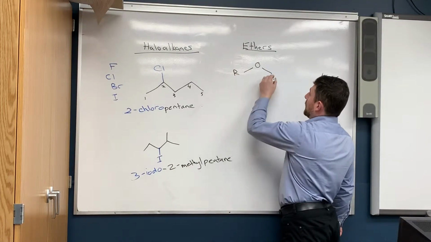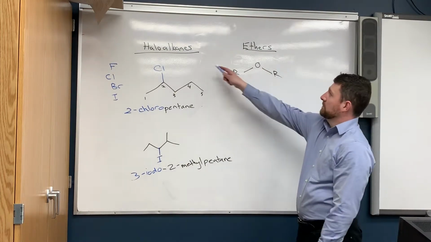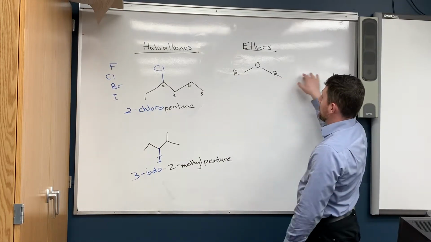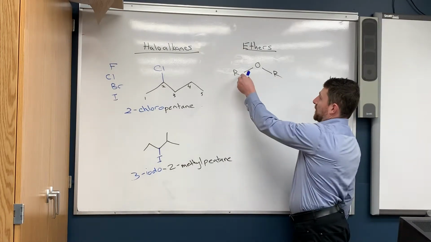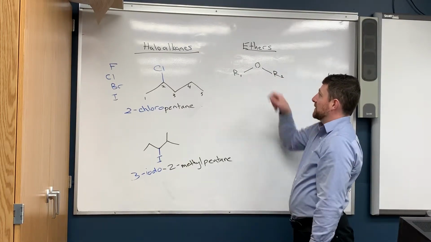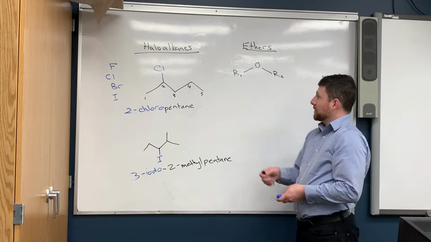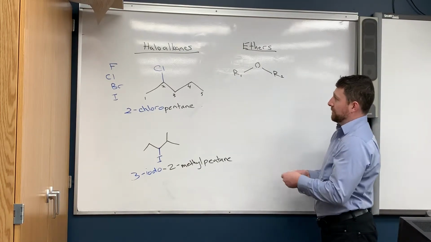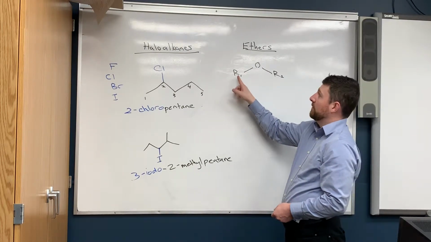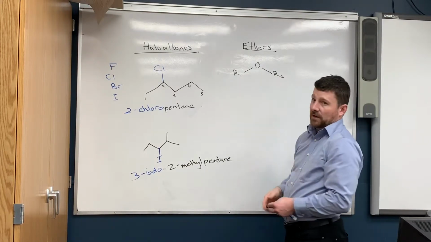So if we put R, which could be any extended carbon chain, we can even make them different carbon chains by calling them R1 and R2, right, which are connected by an oxygen, that would be an ether functional group. Now, what we're going to do is find the main chain by finding the longest carbon chain. So if R1 is longer, it's going to be the main chain. If R2 is longer, it'll be the main chain, right?